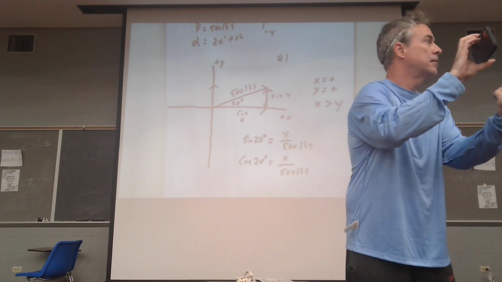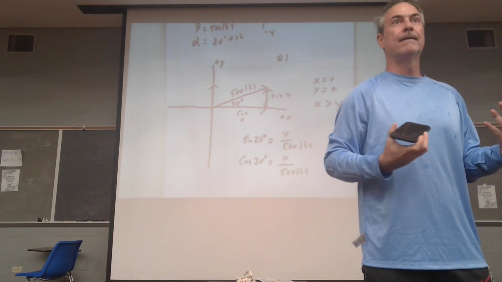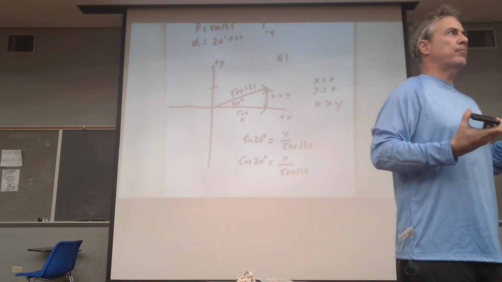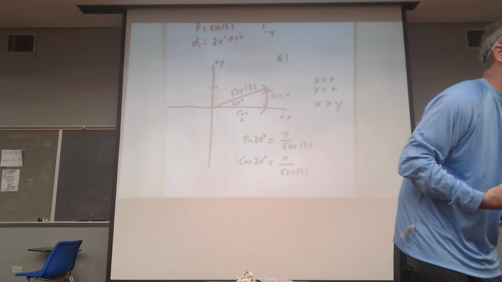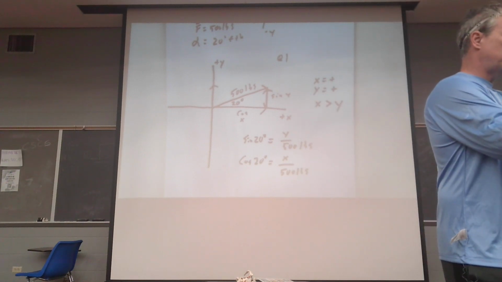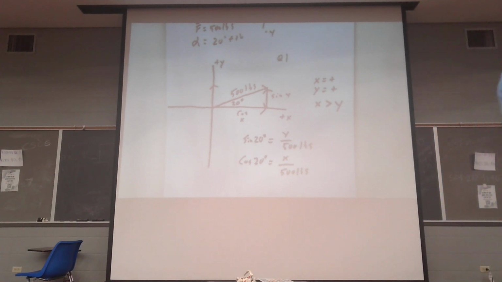That's what that means. 34% of it is y. So then you say, well, 34% of what? Oh, 500 pounds. That's why you cross multiply. So when you get your percent, you multiply it by 500, and then you're going to actually get the component, the y component of that resultant.